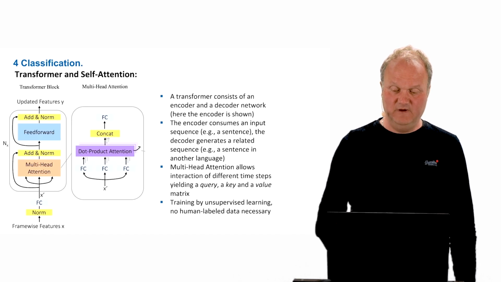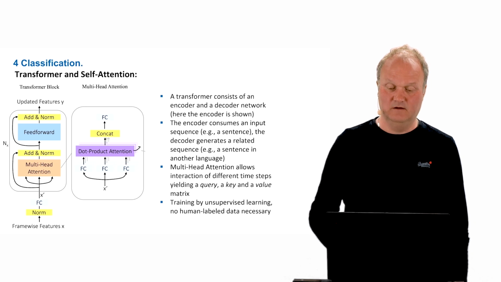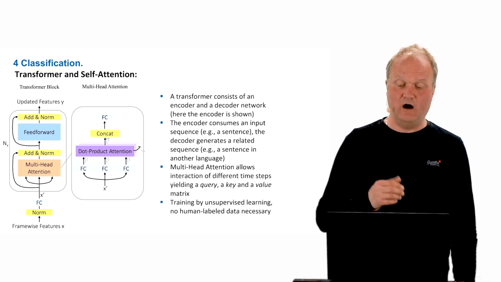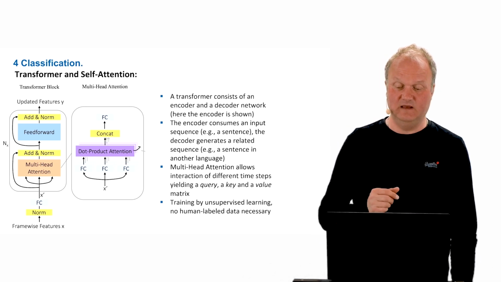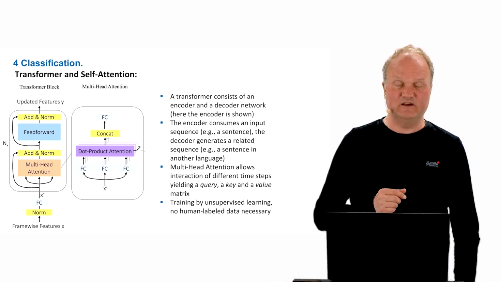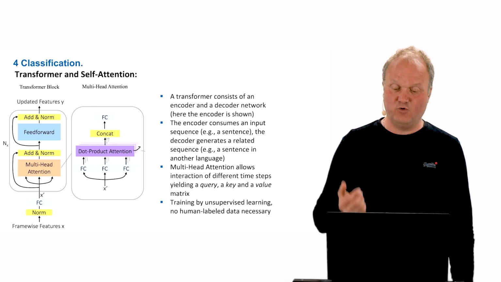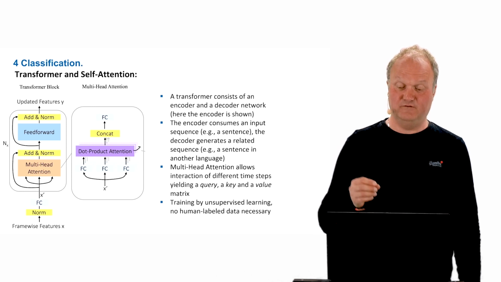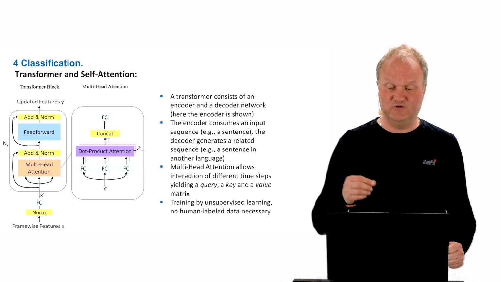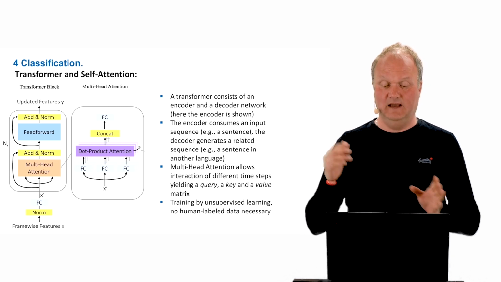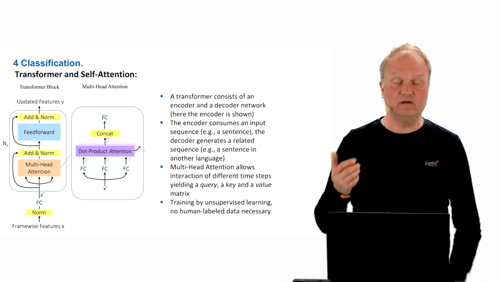In very recent years, transformer networks have shown to outperform this type of LSTM network in many tasks, especially in natural language processing tasks, but also in speech recognition tasks. The transformer model consists of an encoder network that processes an input sequence and a decoder network that generates an output sequence.